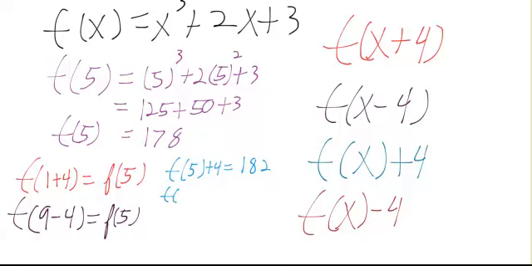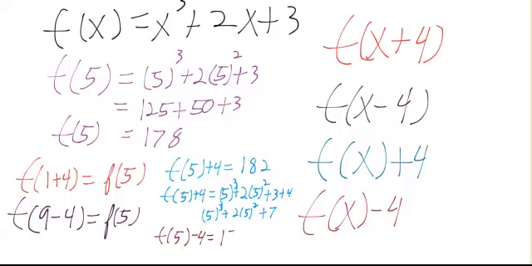And we can write it out like this: f of 5 equals 5 cubed plus 2 times 5 squared plus 3, plus 4, or that would be plus 7. And so that's how that would work. And again, we'll go back and look at all of these on Desmos. And for the last one, we would subtract. So again, instead of plus 3, it would be minus 1, and we would have 174.